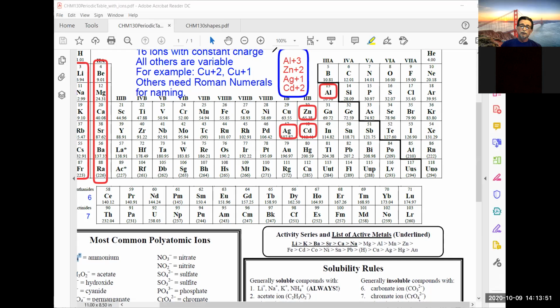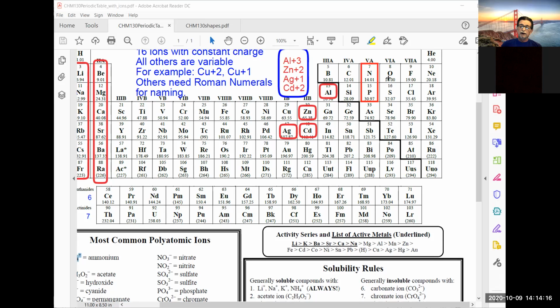I'm just going to do nitrogen and phosphorus. When nitrogen and phosphorus become ions, they're going to pick up 3 electrons, having a -3 charge. Nitrogen's name becomes nitride. Phosphorus's name now becomes phosphide, okay?